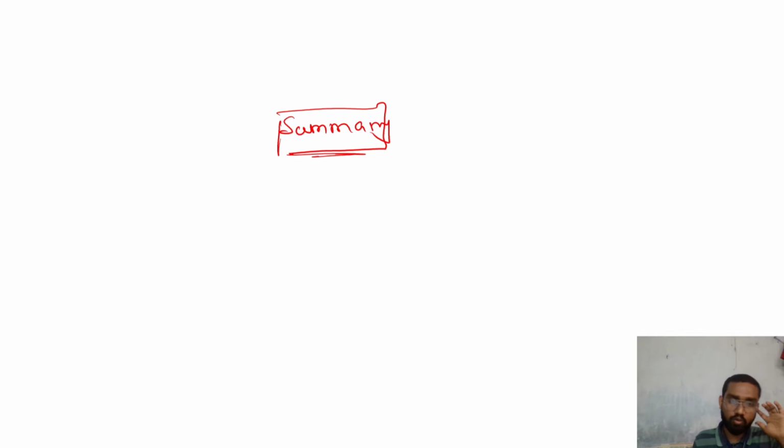Now what is the summary? Today in the lecture we learned the main concept of integration. First of all, there are two types of integration: definite integration and indefinite integration. In this lecture we mainly discuss indefinite integration, and a little bit of definite integration.